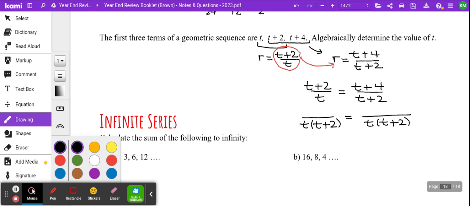Now, the first piece had the t in the denominator. If I multiply it by t plus 2, but I have a binomial in the numerator, what do I have to remember to do? I have to FOIL it. So t plus 2 times t plus 2 is going to give me t squared plus 4t plus 4.